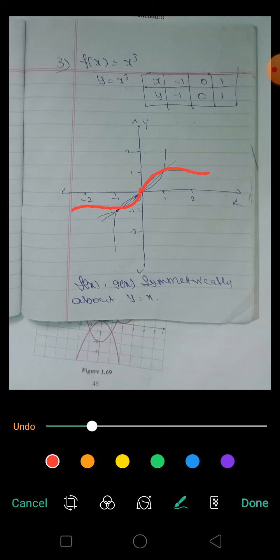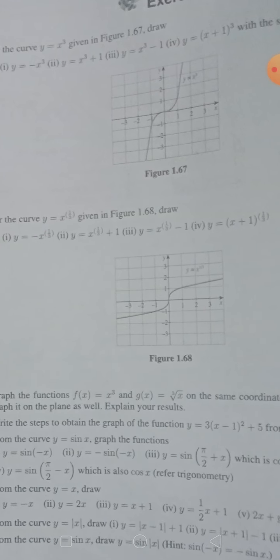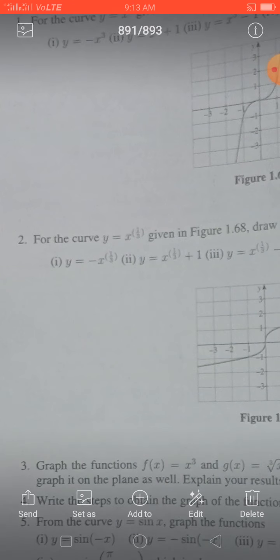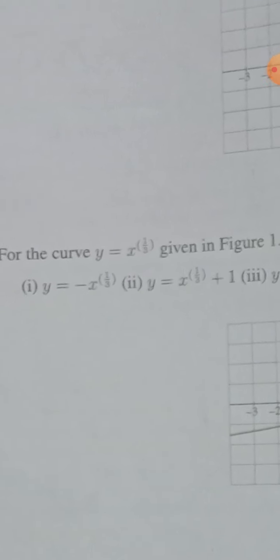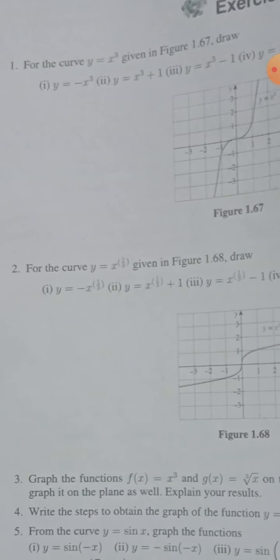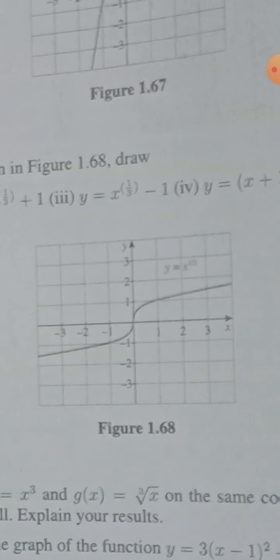Why? How do we know that the x power 1 by 3 graph is like this? Because look at the second sum. This is our second sum. For the curve y is equal to x power 1 by 3 given in the figure 1.68. So this is our 1.68 figure, x power 1 by 3 graph.